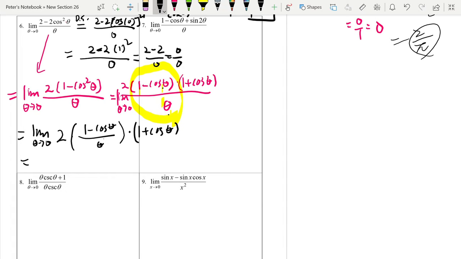Oh, so assuming that each limit exists, I can rewrite this as 2 times the limit of 1 minus cosine theta over theta, times the limit of 1 plus cosine theta.